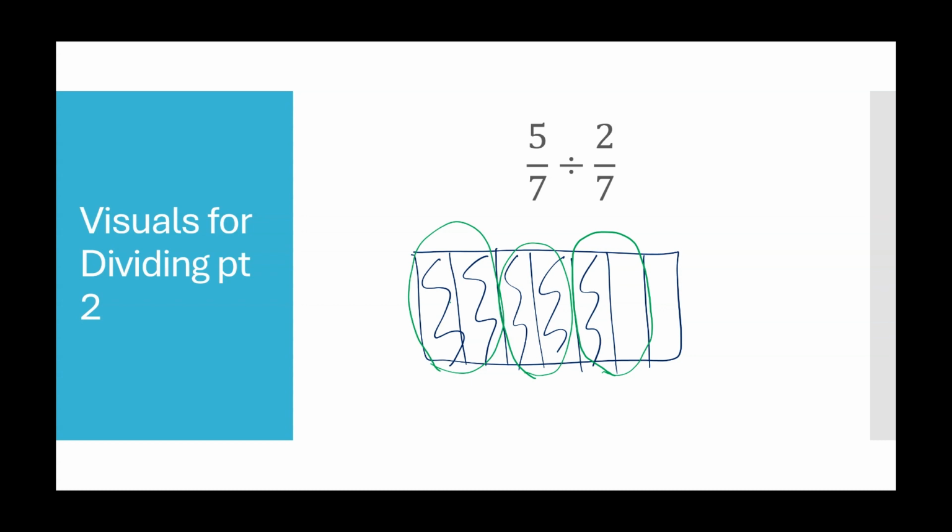So I have 1 whole group and 2 whole groups. I have at least 2 2/7 in 5/7. And then my leftover one is only half full, so it's half of a 2/7. So there are 2.5 2/7 in 5/7. This drawing picture gets a little more complicated when you have different denominators, but you can still use it. I'll show you how.